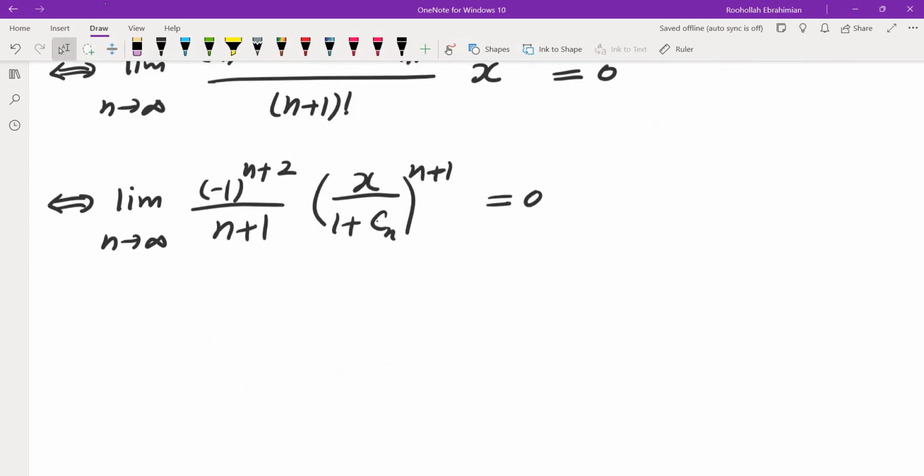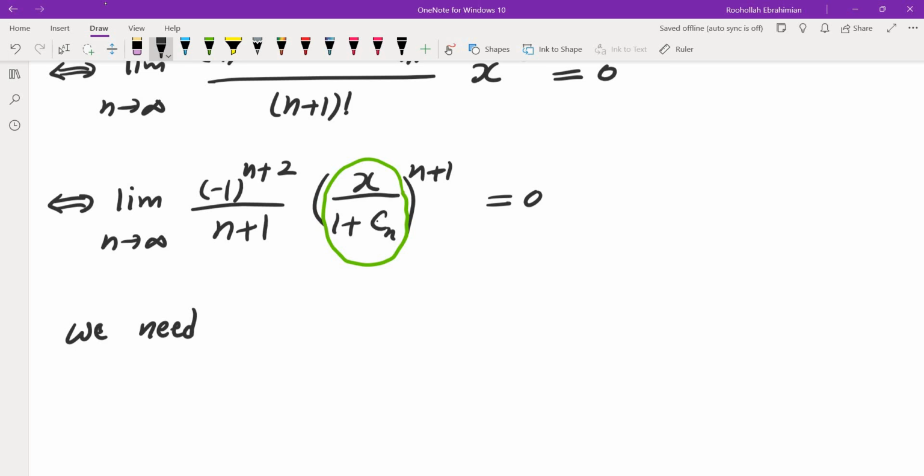Okay, so in order to show that this fraction approaches 0, what I need to do is to show that this quantity is in fact less than 1. So we need, because if x over 1 plus cn to the power of n plus 1 is more than 1, and recall that we don't know exactly what cn is. All we know is that cn ranges between 0 and x. That's all we know about cn.